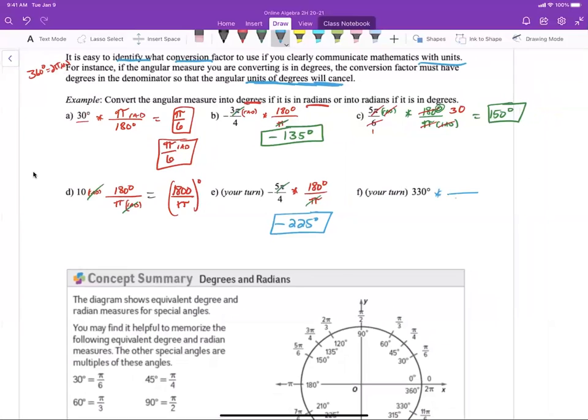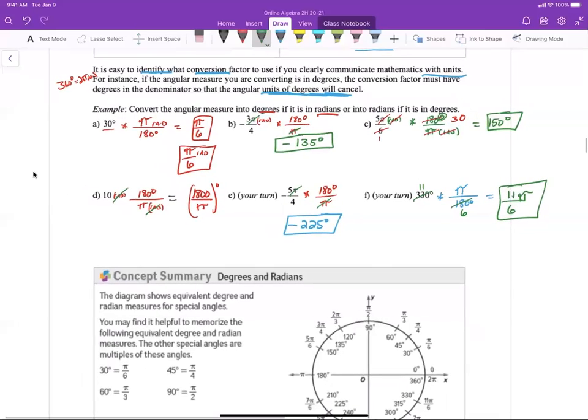I need my degrees on the bottom. 180 degrees is equal to pi radians, and that will simplify into, let's see, 30 goes into 180 6 times. 30 goes into 330 11 times. So that will give me 11 over 6 pi. Okay. All right.